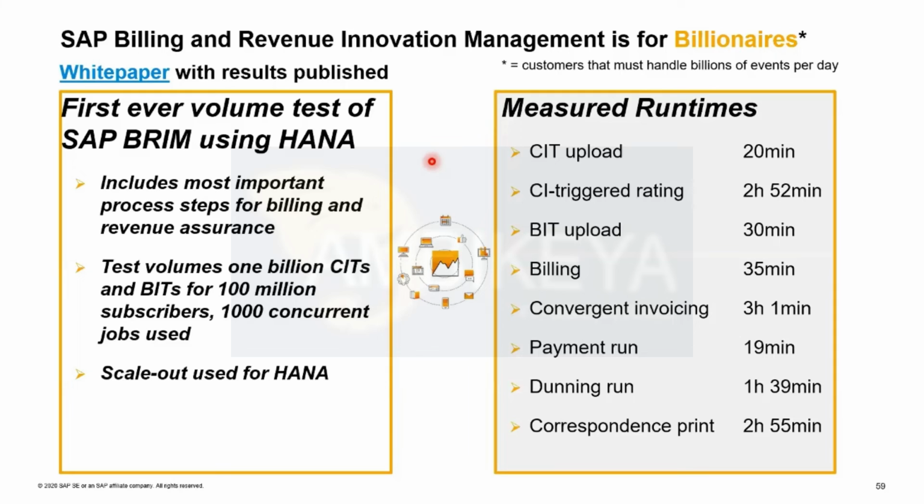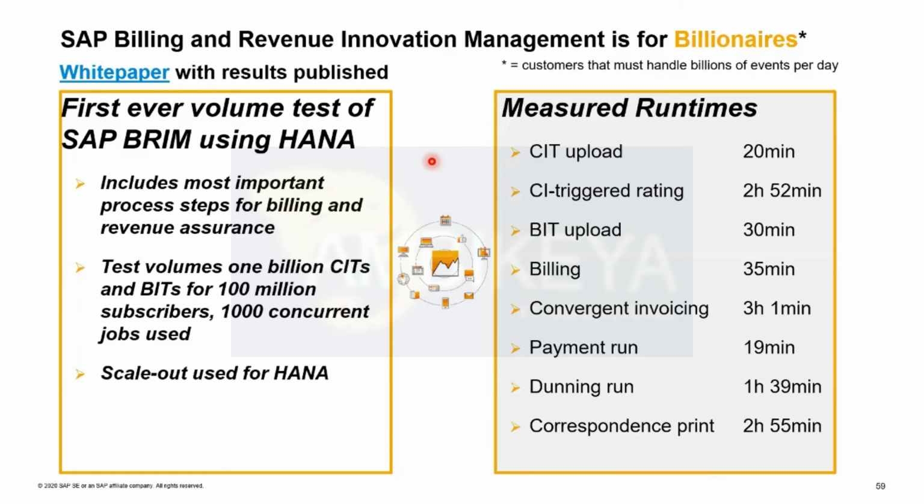So this starts with a consumption item upload, SIT upload, over the billable item upload, over billing, invoicing. You know, now these are 2 steps. The payment run all the way down to the correspondence print. As already stated in the title, the volumes we processed were 1 billion consumption items and billable items of 100 million business partners. But this is not the end.